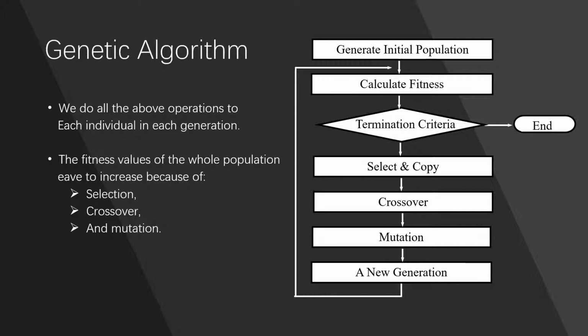These steps help us explore more and more solutions, and at the same time preserve the best ones for us. So you have known the basics of the genetic algorithm. Then we return to the optimization problem at the beginning of this video. How does it look if we use the genetic algorithm on this optimization?